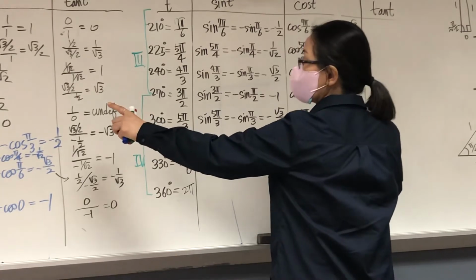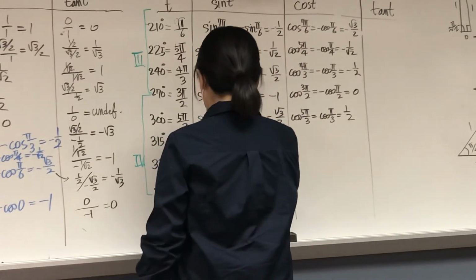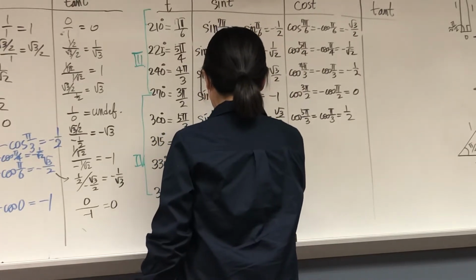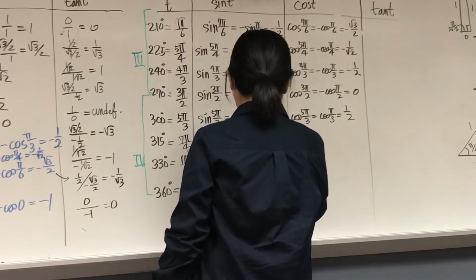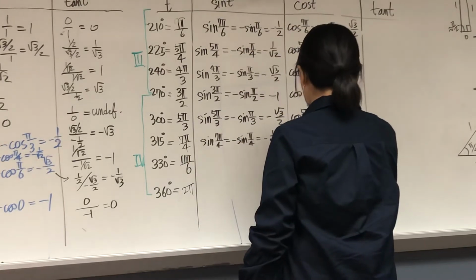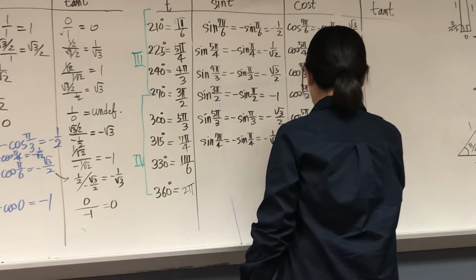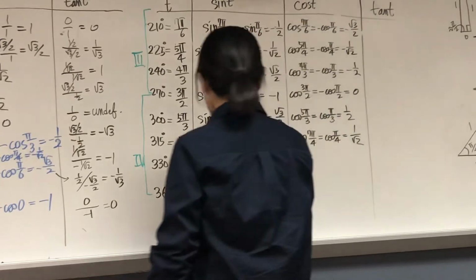It is 1/2. So sine 7 pi over 4 is negative sine pi over 4, negative 1 over square root 2. Cosine 7 pi over 4 is cosine pi over 4, 1 over square root 2.